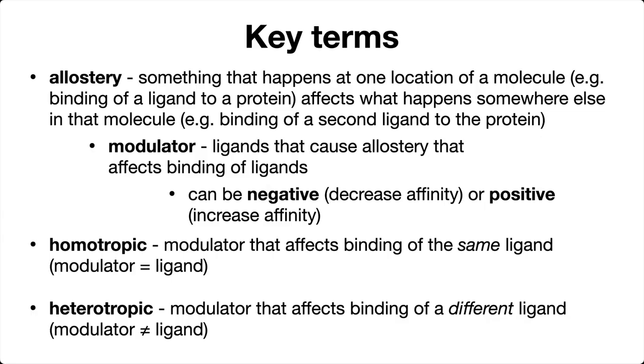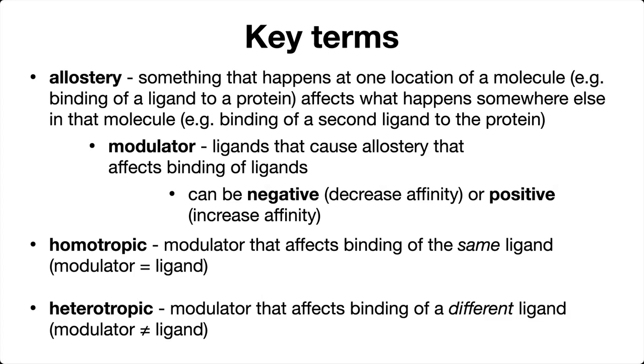We can also classify oxygen as homotropic. So a homotropic modulator is going to affect binding of the same ligand. So if you have multiple sites for the same ligand and binding to one of the sites impacts the binding of that same ligand, like another copy of that same ligand at a different site, we call that homotropic. So that's what we have here: oxygen is acting as a positive homotropic modulator.